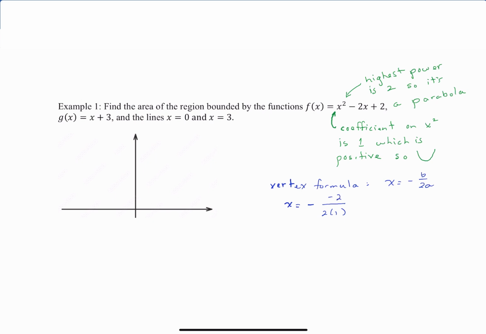So our vertex is at x equals 1. What's the y-coordinate there? Well, to get that, we just plug the 1 into the formula. So 1 squared minus 2 times 1 plus 2, which is 1. So there's our vertex, and it's going to be opening upwards from there.